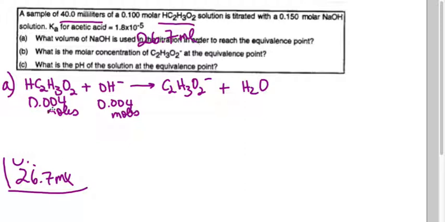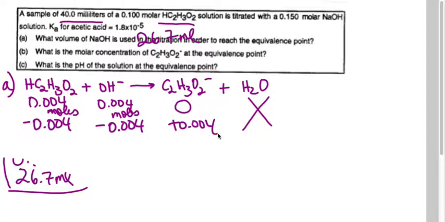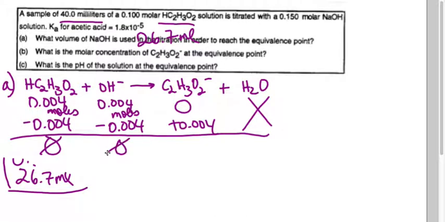So at this point in the titration, how much acetate do we have? None. We don't care. How much do we lose? 0.004. And what do we gain? 0.004. So do you see how now we can find, so now the war is over, we have this left over. What is B asking for? Molar concentration.